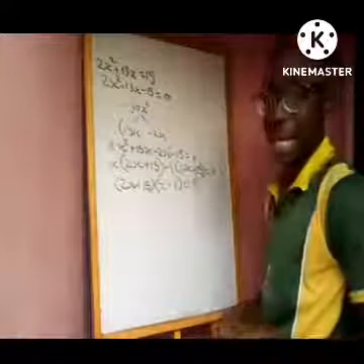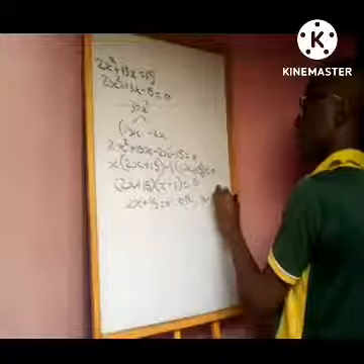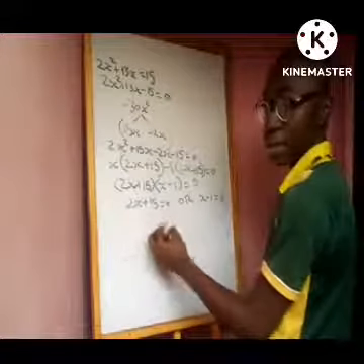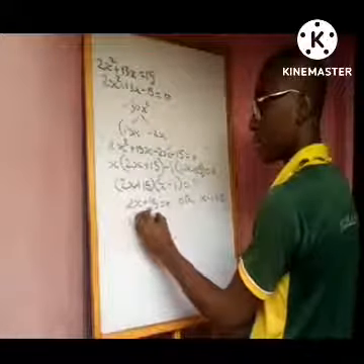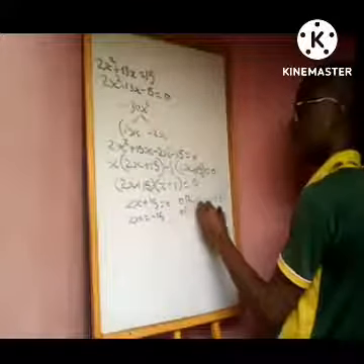So you can see that at the end of the day we have a product, and this product equals 0. If we have a product of 0, that means either of these terms will be equal to 0. That means either 2x plus 15 equals 0 or x minus 1 equals 0. When we solve, we have 2x equals minus 15 or x equals 1.